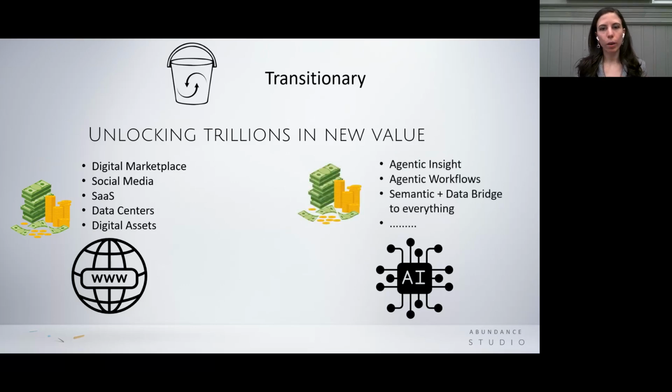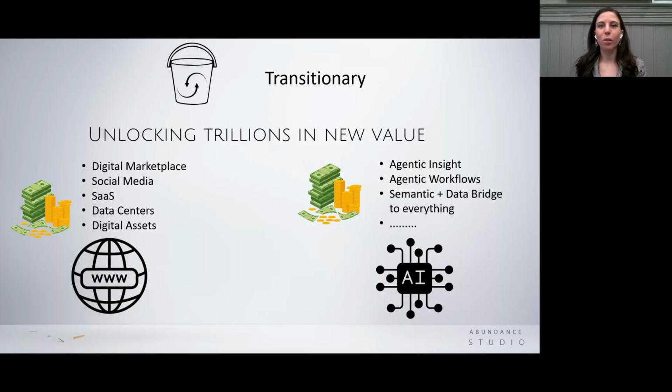But now we are in a new state of this, where artificial intelligence is again disrupting old value, creating new value, and impacting the market. And so as we are transitioning, we need to think about the new value that's being created instead of worrying only about the disruption that's happening.